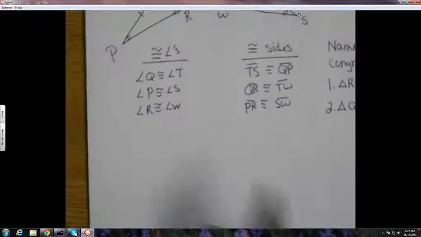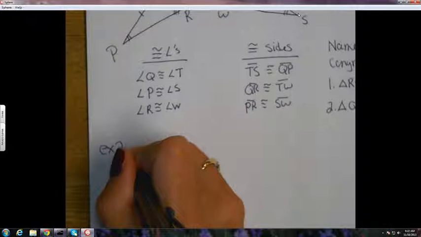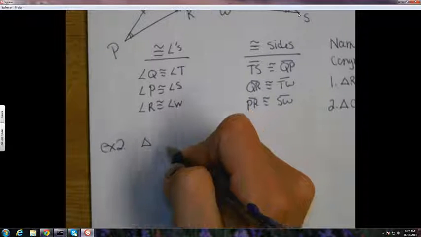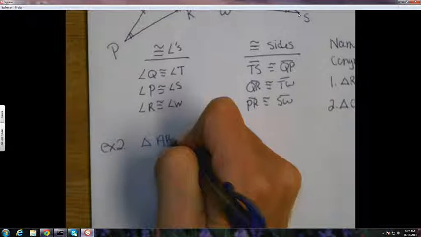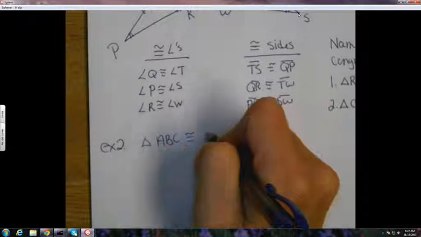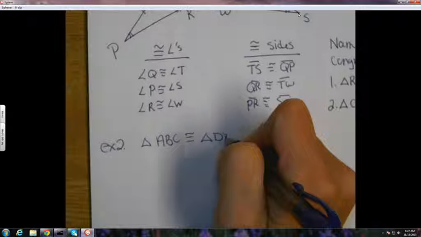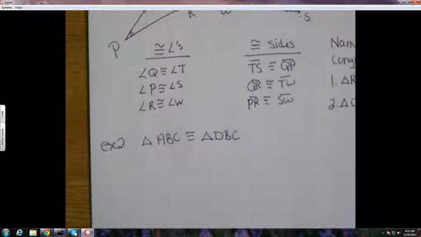Number 2. Triangle ABC is congruent to triangle DBC. And here's the picture.